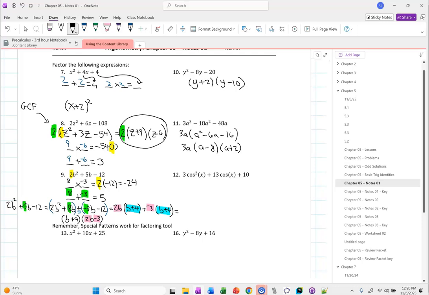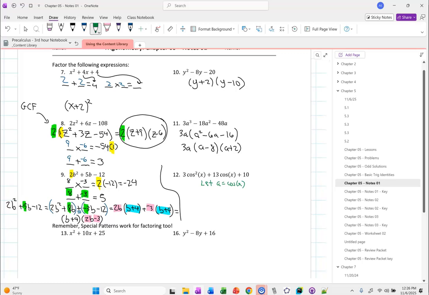So far, so good? If I look at number 12, 3 cosine squared x plus 13 cosine x plus 10. What in the heck is a cosine doing in here? Well, the cosine is going to act like a variable. So let's make this look a little more familiar and replace cosine x with a different variable name.